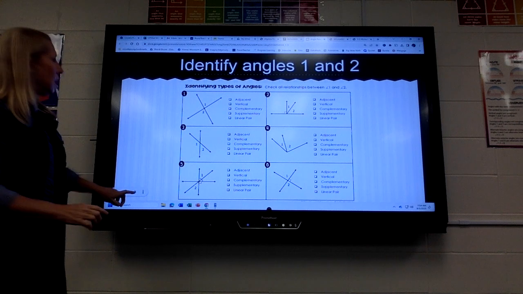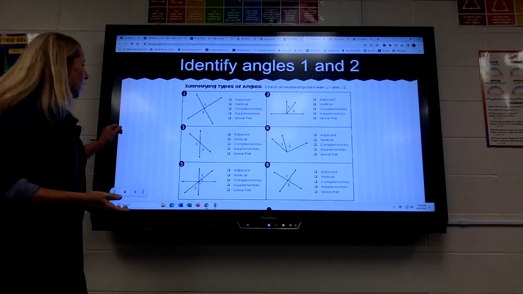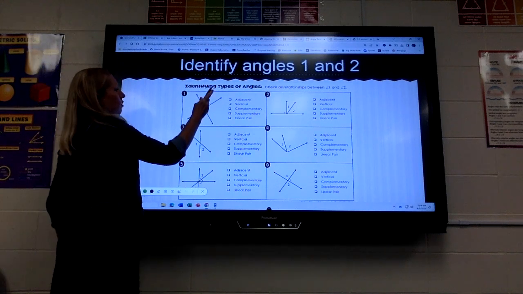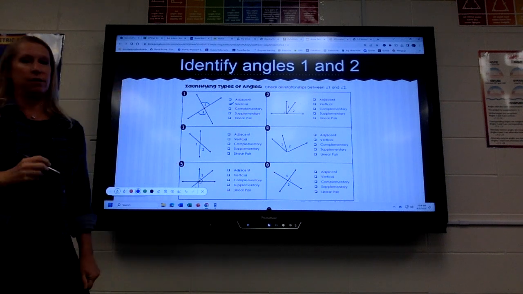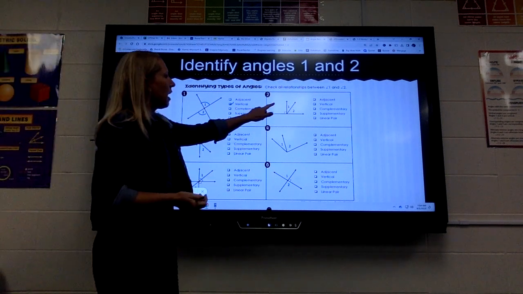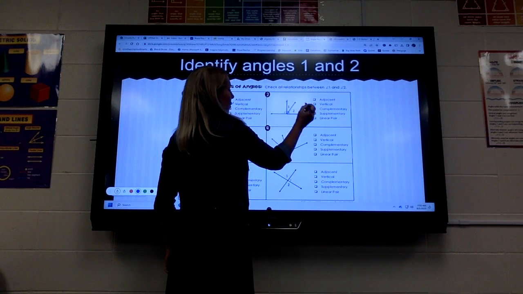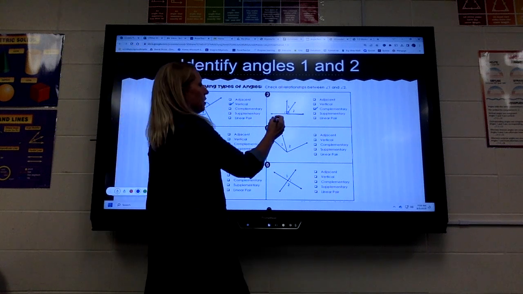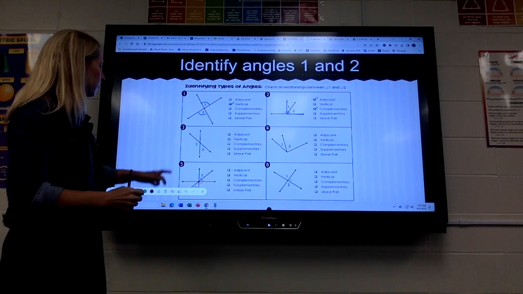Okay. So on your notes, you're going to go through these and you're going to try to figure out what matches. So like angles 1 and 2 right here would be vertical angles. Angles 1 and 2 here, they form a right angle, so those would be complementary. But I also want you to notice they share a side, so they are adjacent.